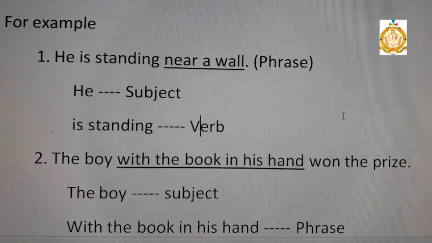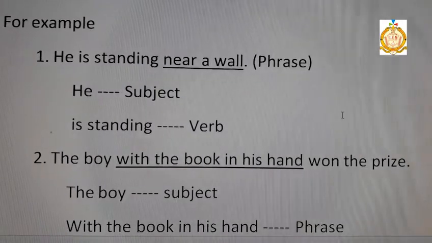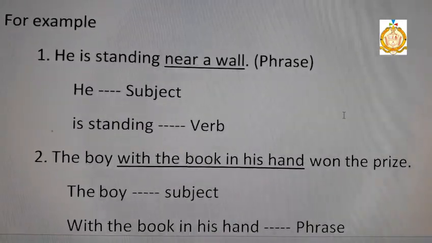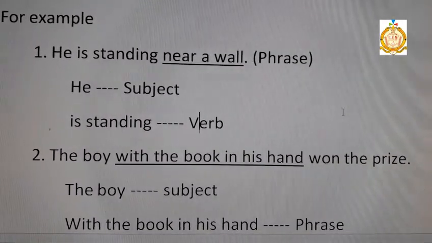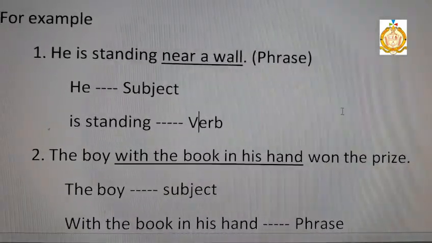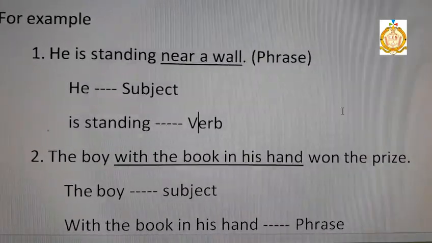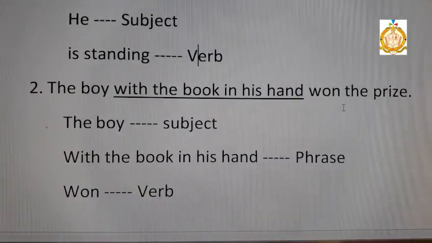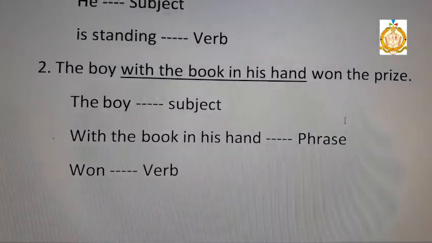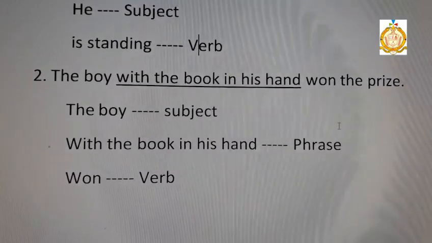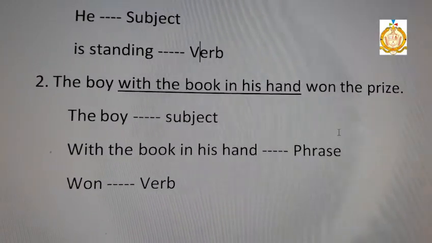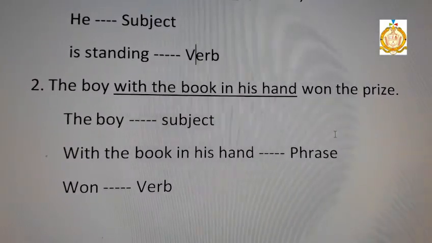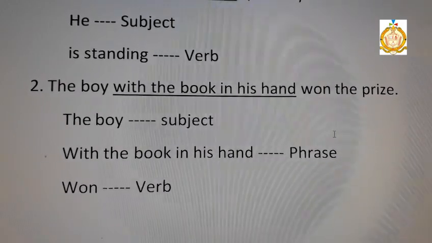When we look at the meaning of this phrase, it has no complete meaning. But as a part of a sentence, we have the boy as a subject, won as a verb, and with the book in his hand as a phrase.